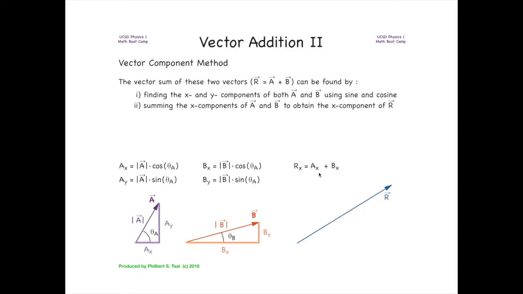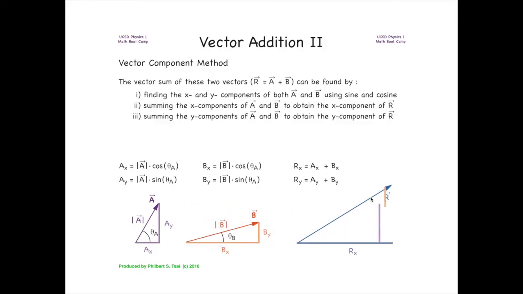And then, to find the components of the resultant vector, we simply sum the x components of A and B to obtain the x component of the resultant vector. Similarly, we can add the y components of A and B to obtain the y component of the resultant vector.